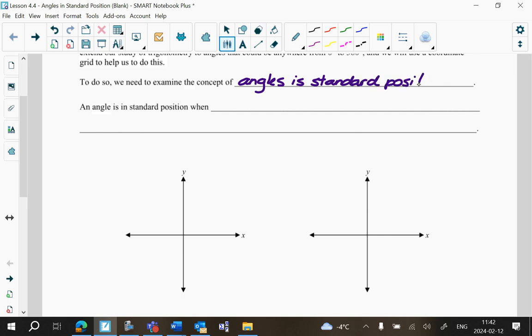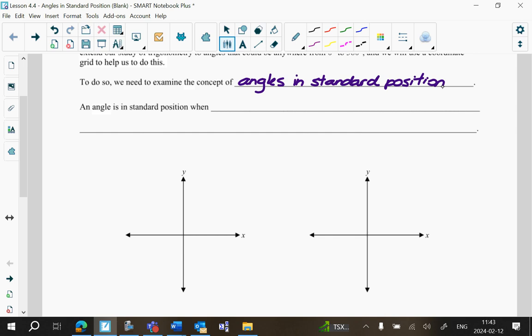In standard position. That means we're using a coordinate grid. I mean, you guys know how to sketch angles. You just draw two arms that connect together at one point, and then you measure the distance between them, and we write that measurement in degrees. Okay, but now we're going to use a coordinate grid.